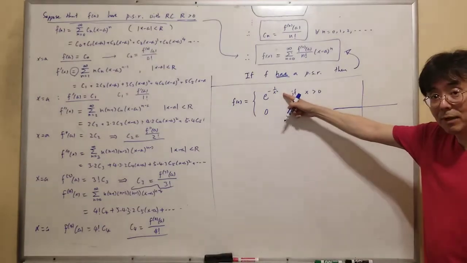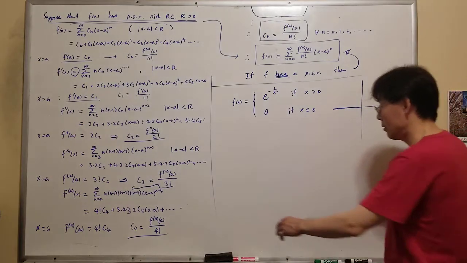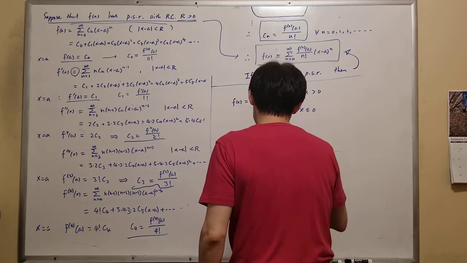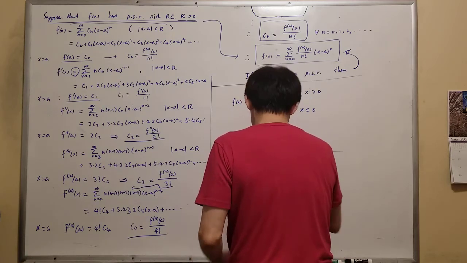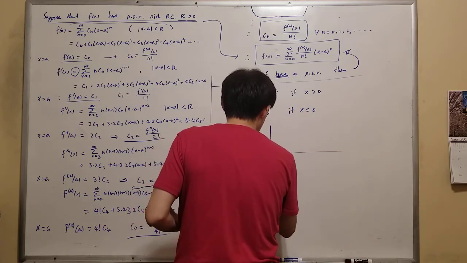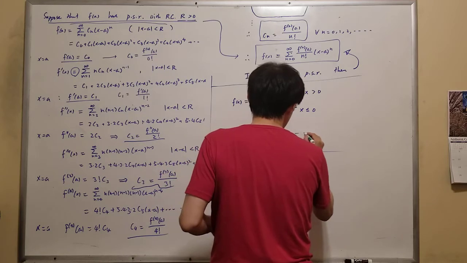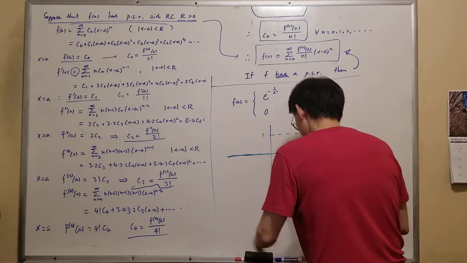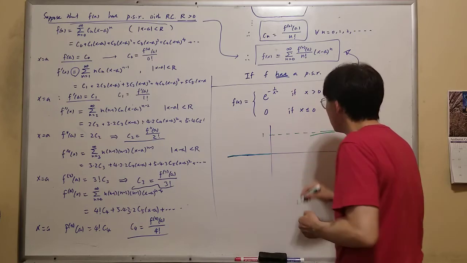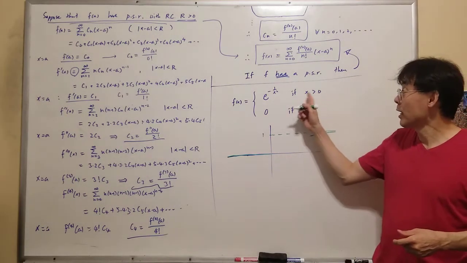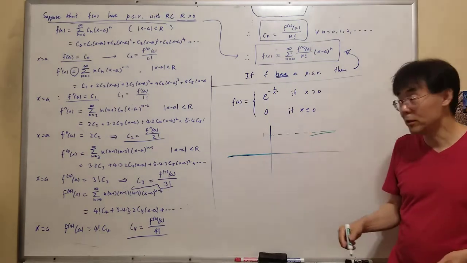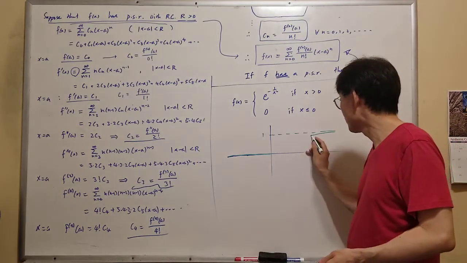So if you draw the graph, it stays at 0 here, and approaches 1. As x goes to infinity, your graph is almost 1. What happens when x is really small? When x equals 1, e to the negative 1 is like 0.3 something. All right, it's going down like this.